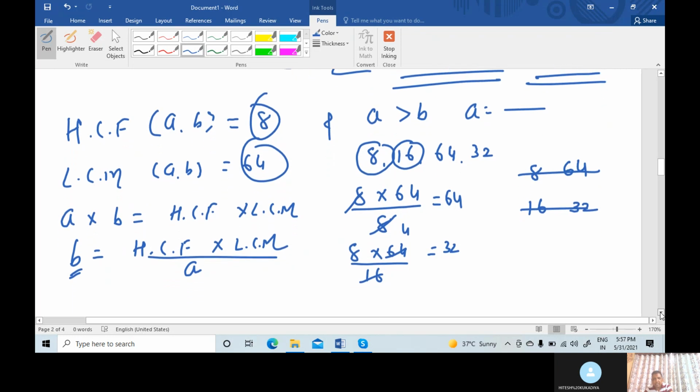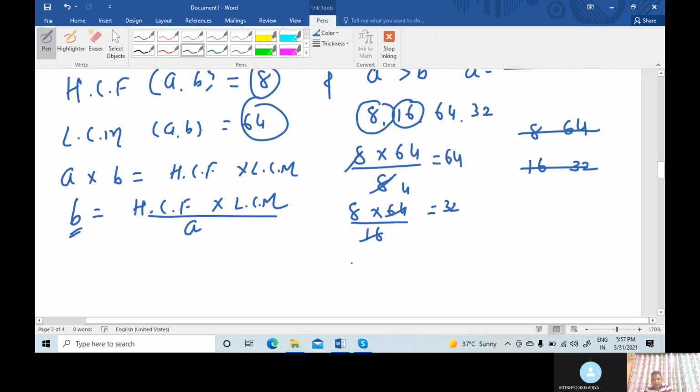Now third calculation, suppose 8 into 64 and the third option 64. So our answer is 8. Here A equal to 64 and we get the answer B equal to 8.